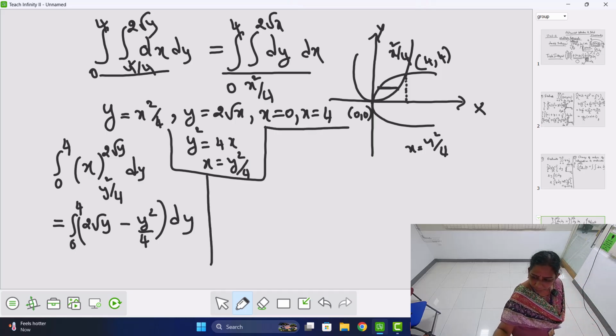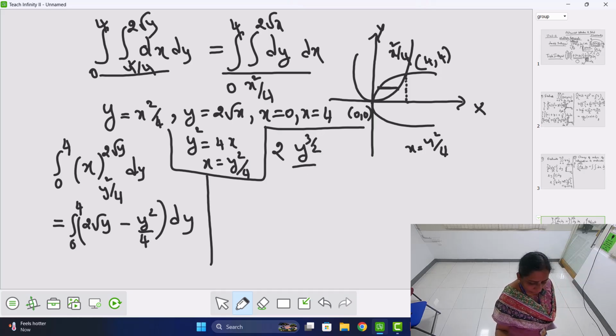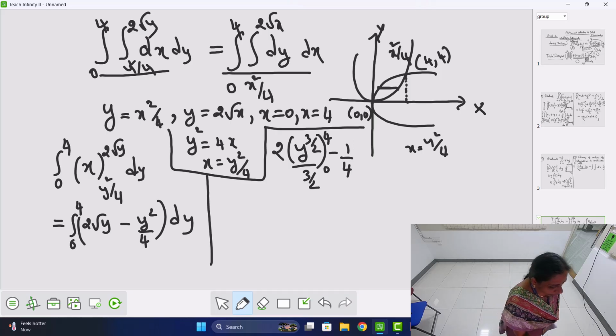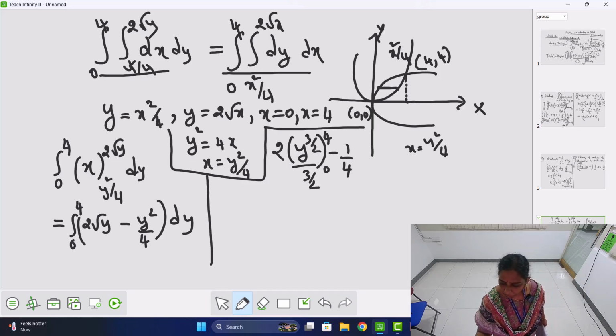Yes. So next, 2 I'll take it out. This is y power half. So what I'll get here? Y power 3 by 2 divided by 3 by 2, with limits 0 to 4, minus, I'll take 1 by 4 out. What is integration of y square? Y cube by 3, with limits 0 to 4.